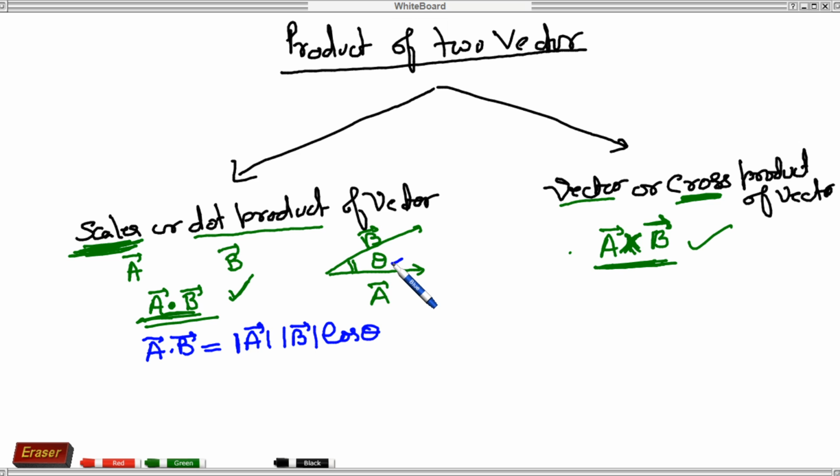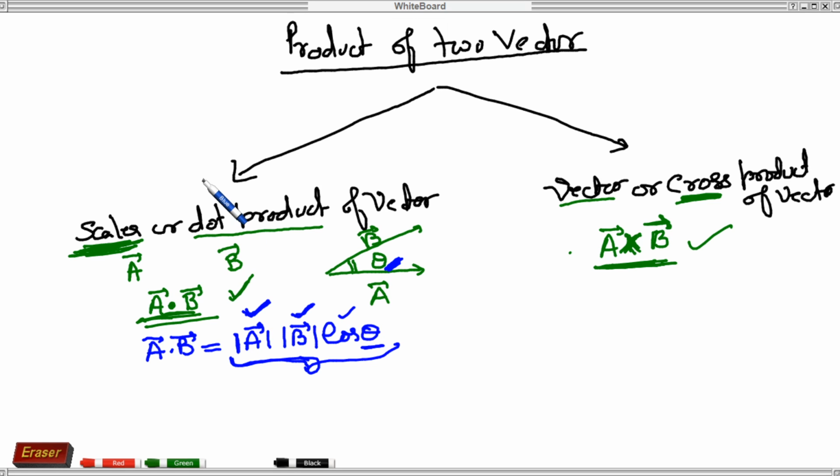What is this theta? This theta is the angle between these two vectors A and B. Okay, so you can see here, it's a magnitude. It's a magnitude, which means it's a scalar quantity.